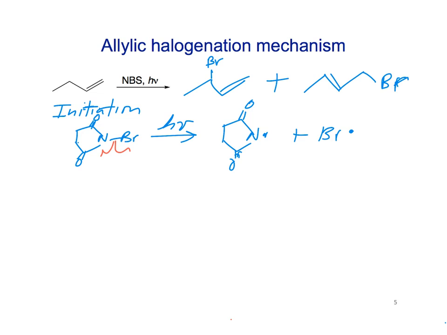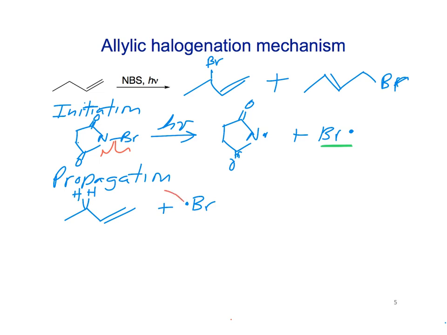So initiation here, we've generated this bromine radical, and that's what we need for the reaction. Okay, so the second step is the propagation. This involves, just like before, the reaction of our actual organic substrate with the bromine radical.